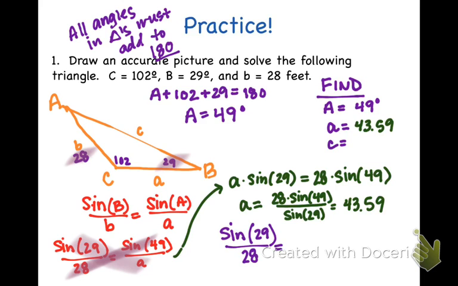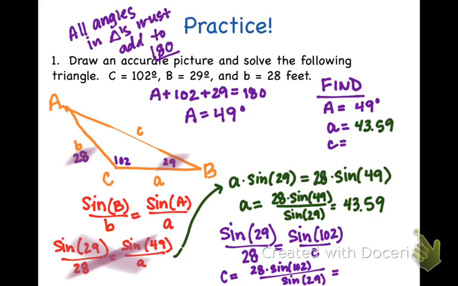But this time I want to solve for C, side length C. So I'm going to do sine 102 over C. And again, I want to cross multiply and I want to get C alone. And when I do all of that, you should get C equals 28 times sine 102 over sine 29.